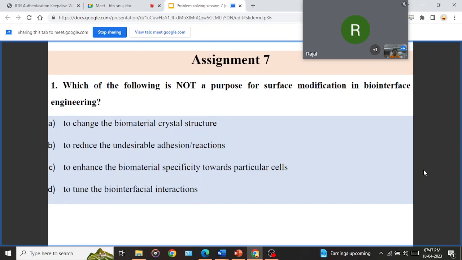So you have been given four options. Among these four options, one option is not a purpose for surface modification. Okay, so I will give you 1-2 minutes.